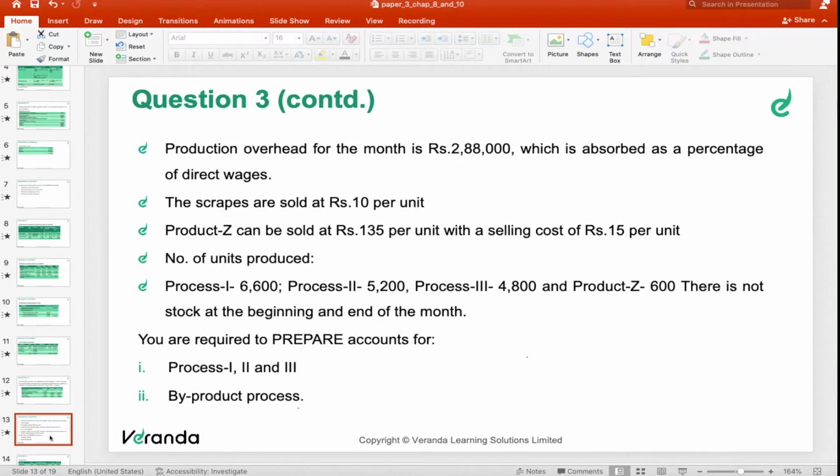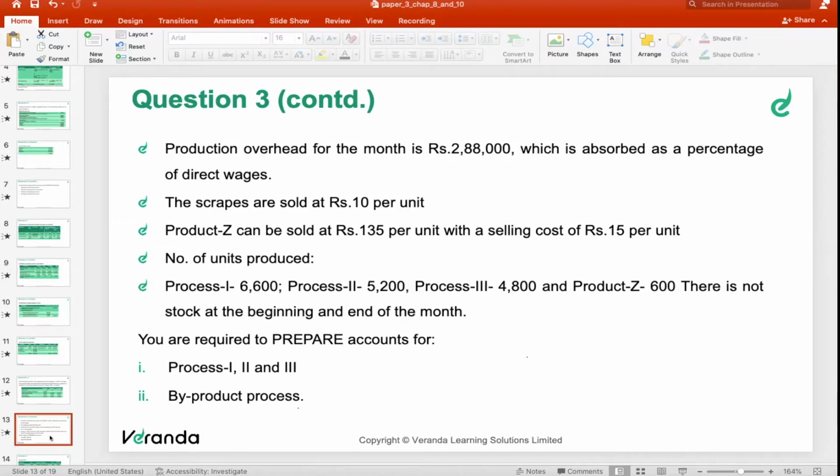You know, output of one process becomes input for the next process. And you might have learned the format for the process account in your regular class itself. Am I right? It's a format based one. Plus you have to introduce the concept called byproduct also here. So then we can complete the problem.